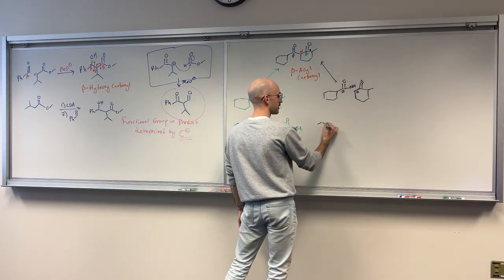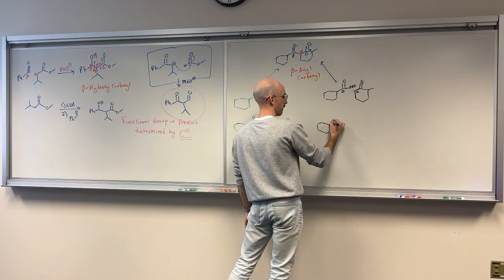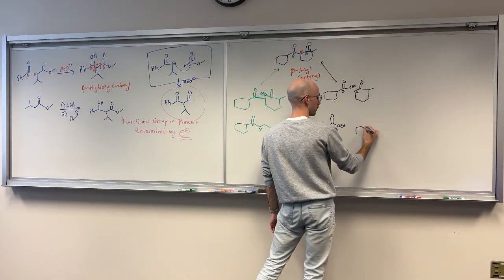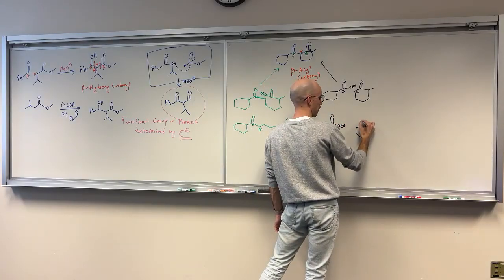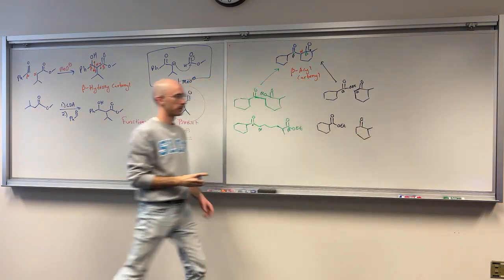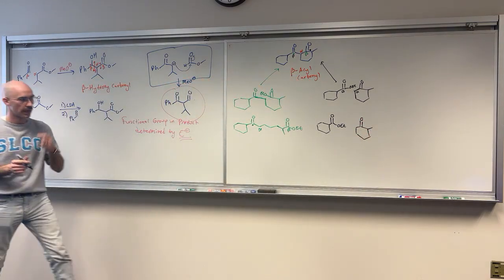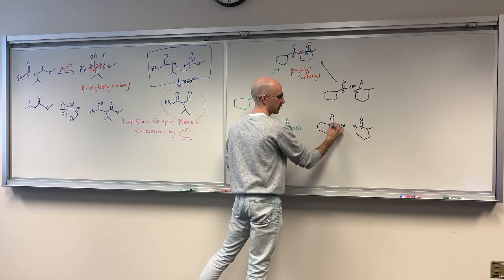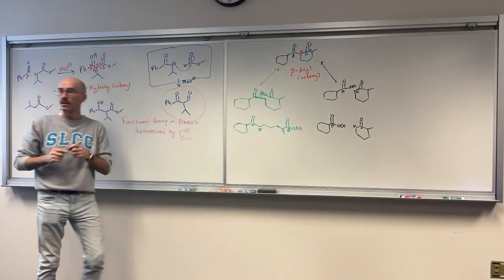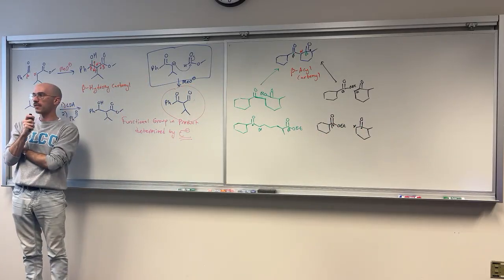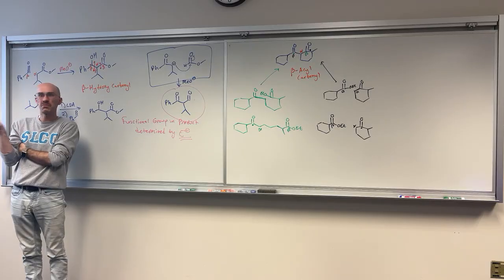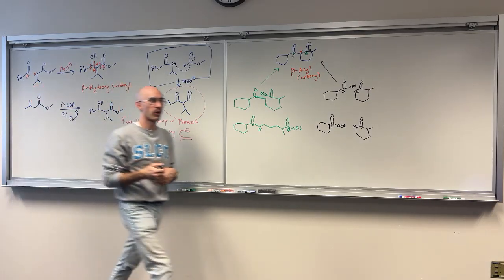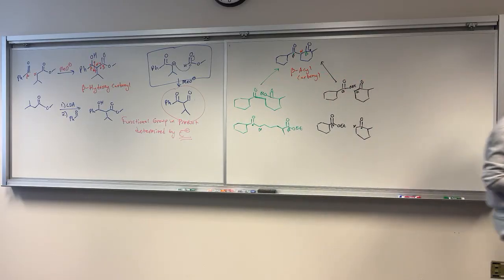So once again, this time, I have an ester being attacked by a ketone. Alpha of this carbon attacks this as beta. Are either of them impossible? Does either of them work better?